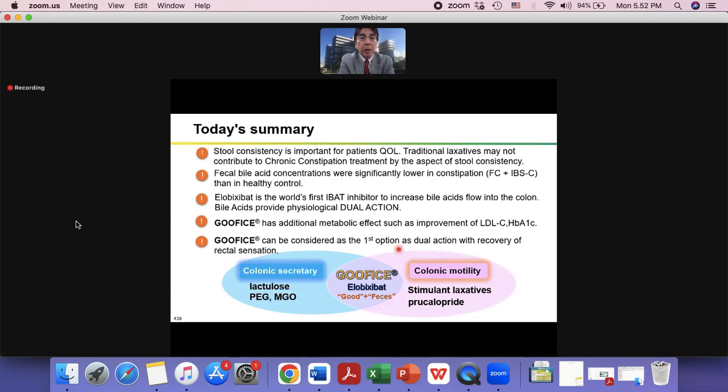Elobixibat is the world's first IBAT inhibitor to increase bile acid flow into the colon. Bile acid provides physiological dual action. Elobixibat has additional metabolic effects such as improvement of LDL cholesterol and diabetes. Elobixibat can be considered as the first option, as dual action with recovery of rectal sensation.